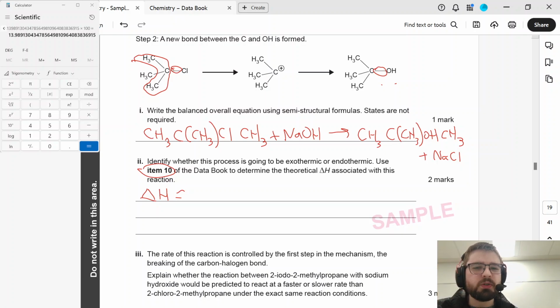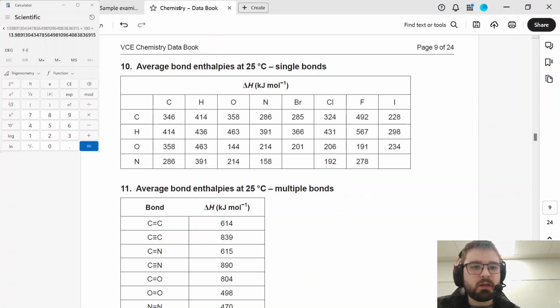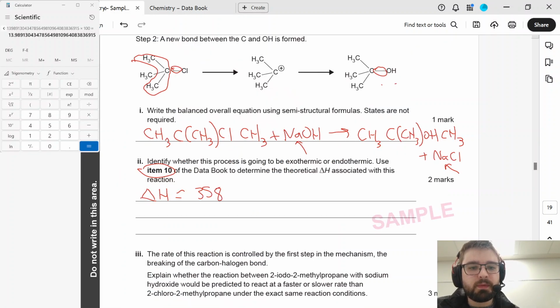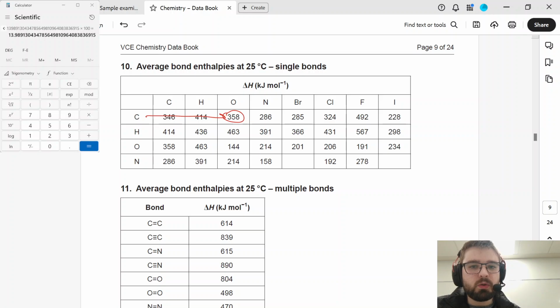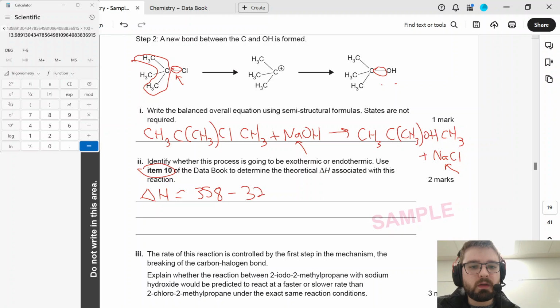Gee, I don't love this question because I guess we're assuming that the sodium hydroxide is dissolved and that the sodium chloride is dissolved, and that we're ignoring the water interactions. Okay, so what's the strength of the carbon-oxygen bond? Let's go carbon-oxygen, 358 kilojoules per mole. And what's the energy of the carbon-chlorine bond? Carbon-chlorine is going to be 324. So therefore, the difference is 34 kilojoules per mole.